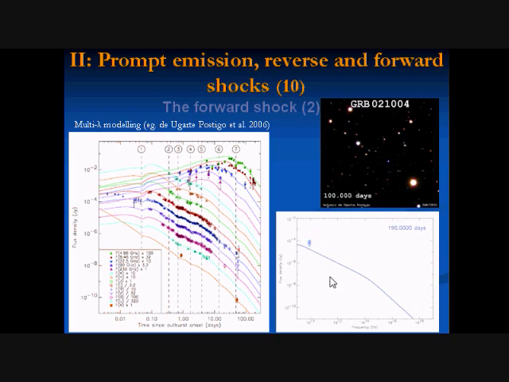The model light curves with different colors are also shown in the leftmost panel, and they are similar to what has been shown in this simulated spectrum, but in the temporal domain.